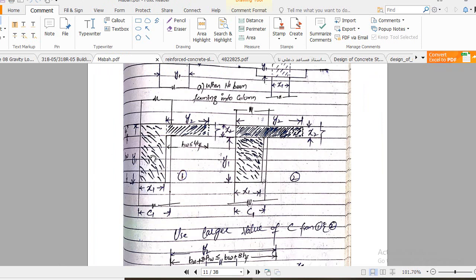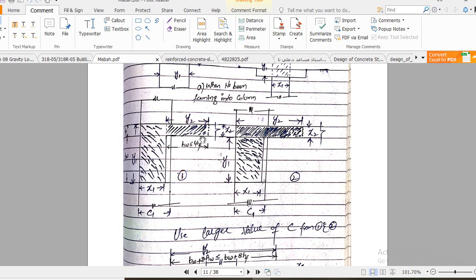And how to take these kinds of values, you see this cantilever portion will be HW or less than 4 HF. And similarly here you have to use different options. Remember, we have the same thing but option 1, option 2.